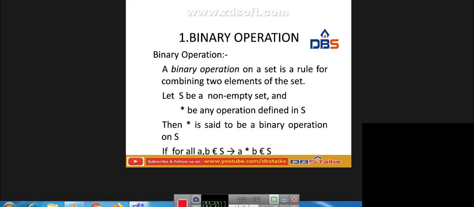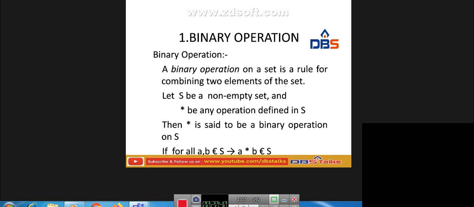Let S be a non-empty set and product be any operation defined in S, then product is said to be a binary operation on S. That is, if for all a, b belongs to S, that implies a product b belongs to S. Whenever we combine two elements of the set, it is called a binary operation, like multiplication and plus.